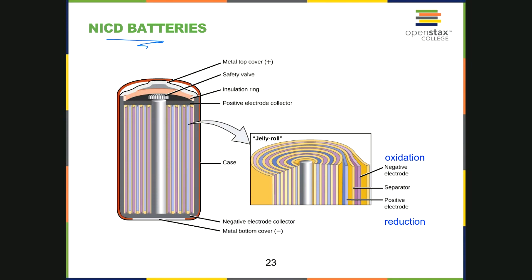You still have an oxidation reduction going on, and you can see that it repeats: anode, cathode, anode, cathode, repeating back and forth. So this improves the packaging, increases the amount of electrical power, and reduces the weight and the size of the battery.